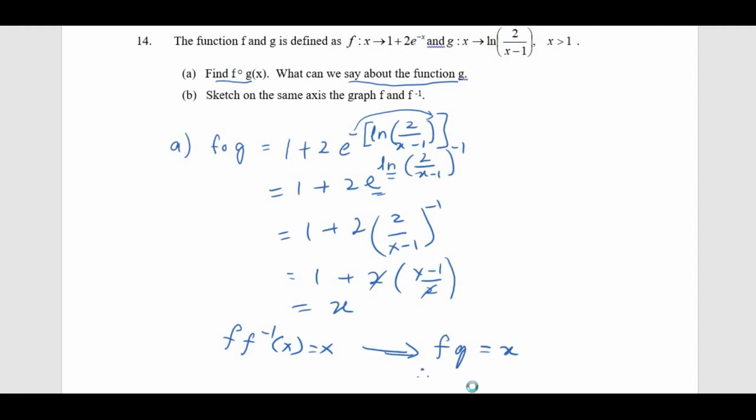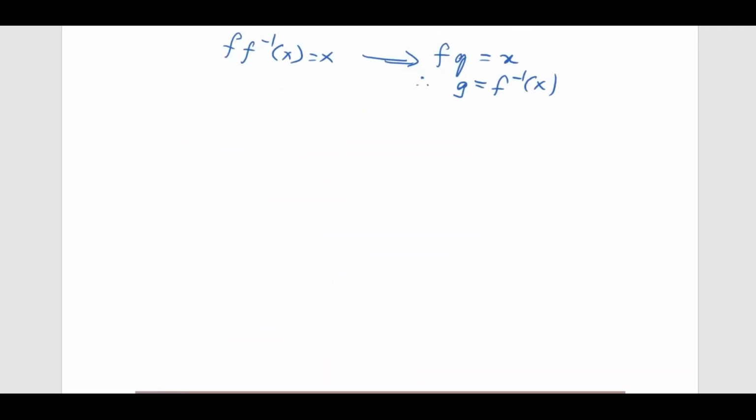Therefore, we can say that g is equal to f inverse of x. In other words, f and g are inverse to each other. Now, let's sketch the graph of f and f inverse on the same axis.